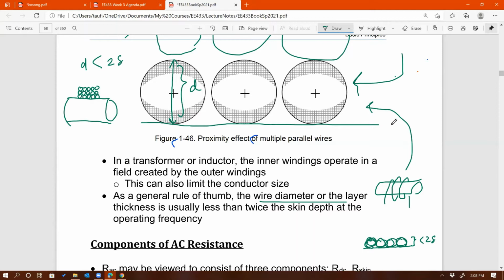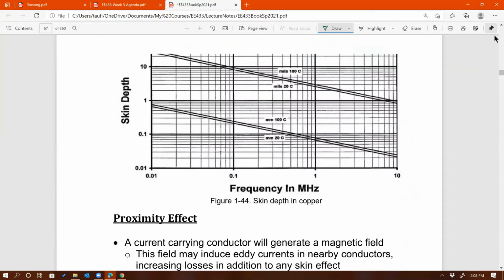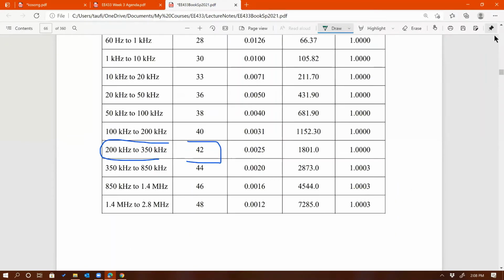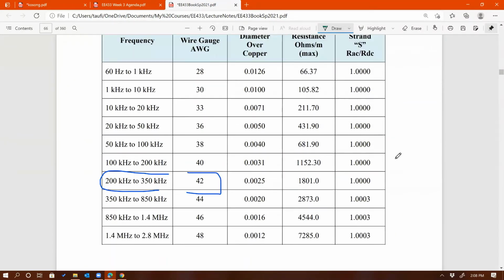Based on that, you can determine the size of the wire. If it's multiple layers, then that's the rule of thumb right there. If it's only a single conductor, not forming any inductor or transformer, then you can follow the skin effect table when it comes to wire sizing, like this one right there. Okay, perfect. Thank you.